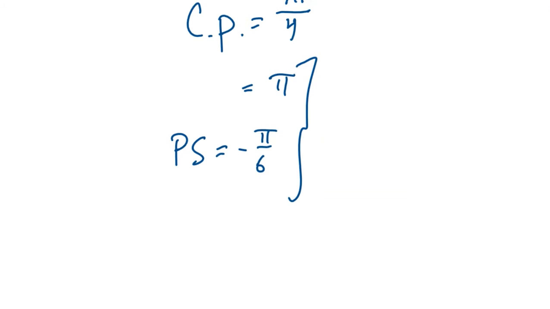What's the lowest common denominator between pi and pi by 6? Pi by 6. So you have to go at least pi by 6. You can make the scale smaller, which will stretch your graph out more. But you can't do anything bigger than pi by 6.